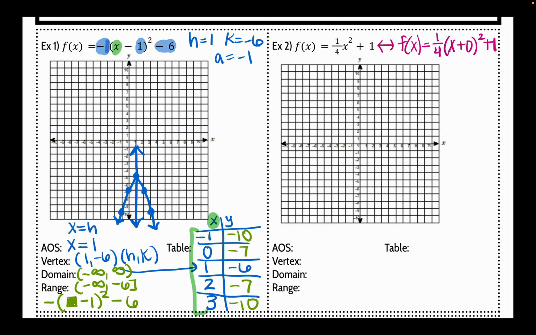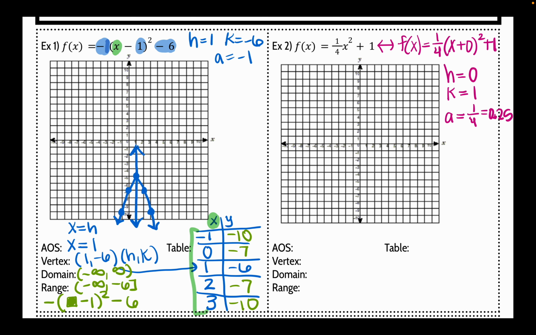So our h is 0, our k is 1, and our a is 1/4. But remember, we can write 1/4 as 0.25. So when you're typing in your calculator, if that helps you to do the decimal, you can type in 0.25 instead of 1/4.